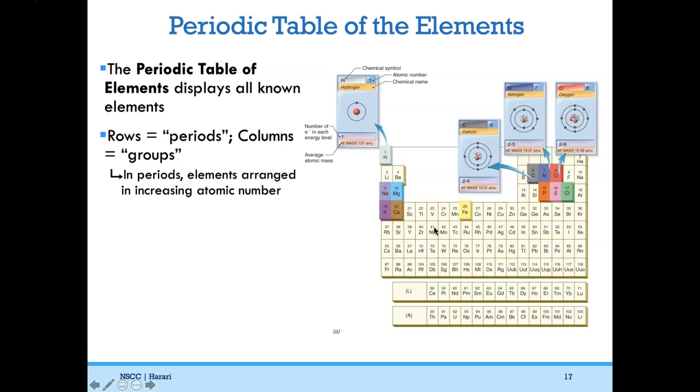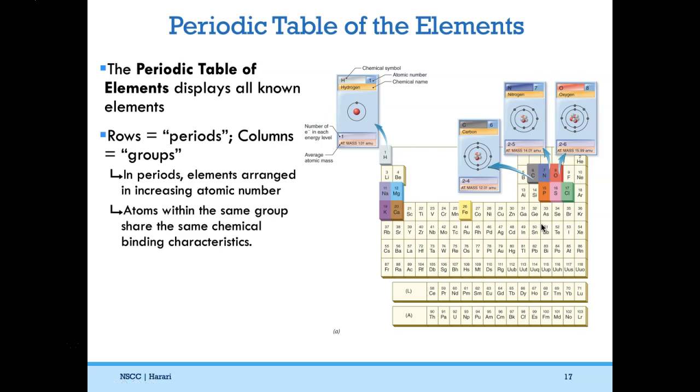In a period, so in these rows, elements are arranged in increasing atomic number. This means as you go from left to right, we increase in number of protons, and we increase in the size of the atoms.